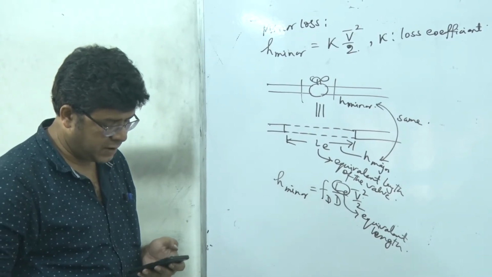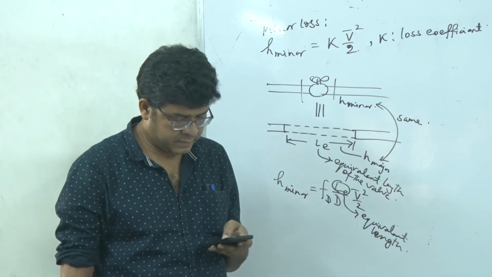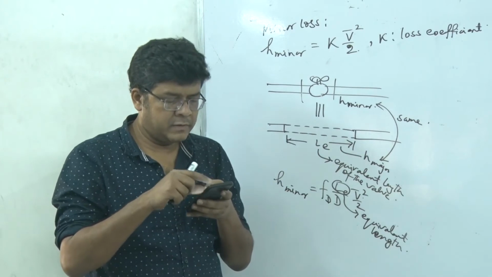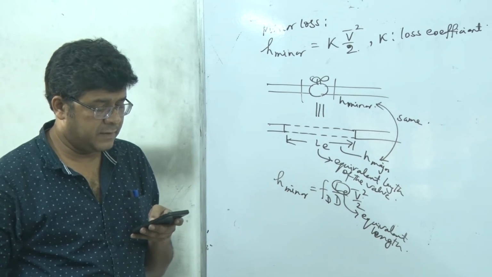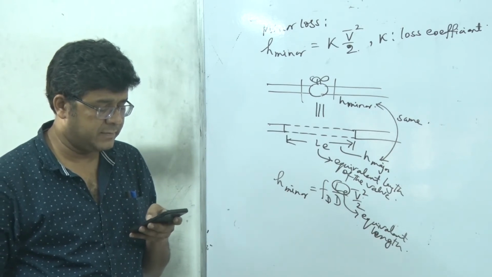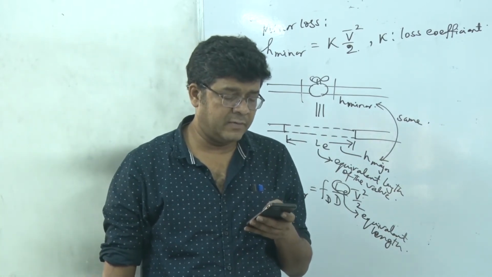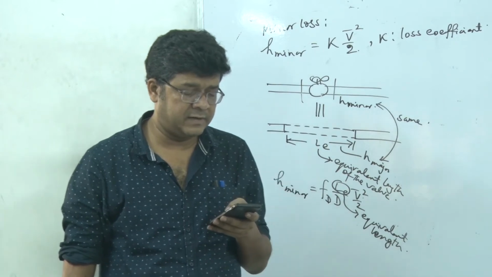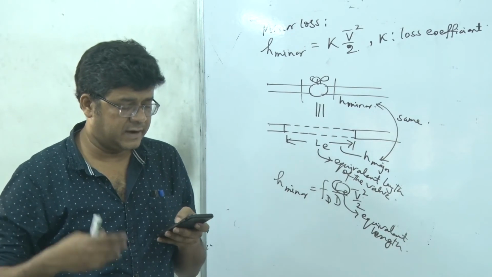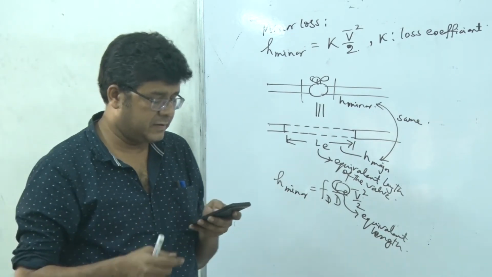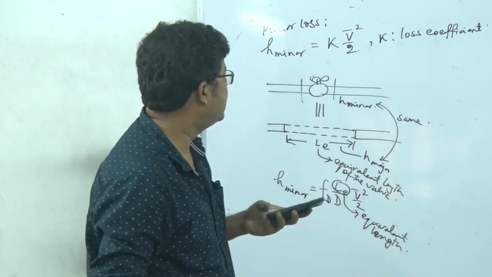For example, for gate valve it is 8, for globe valve it is 340, for ball valve it is 3, for check valve like globe lift check valve it is 600, for 90 degree elbow it is 30, for 45 degree elbow it is 16, for return bend it is 50, and for T junction it has the values 20 and 60. This is given in table 1 of page number 74 of my handout.